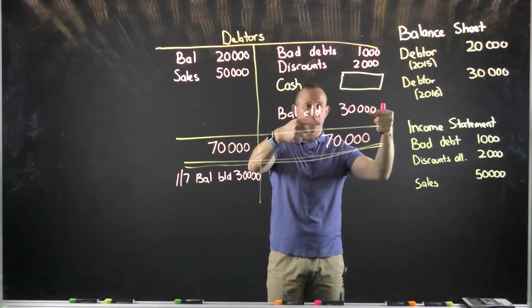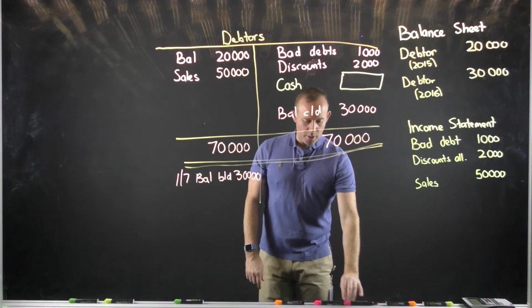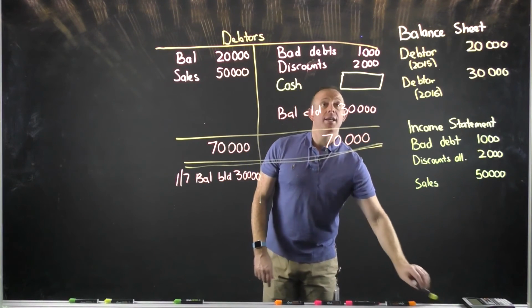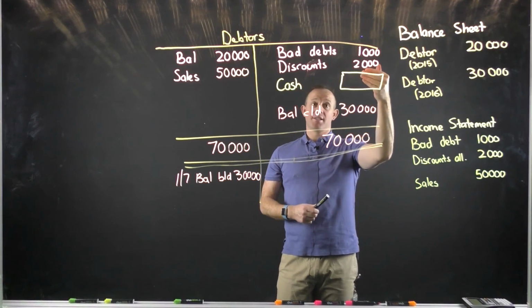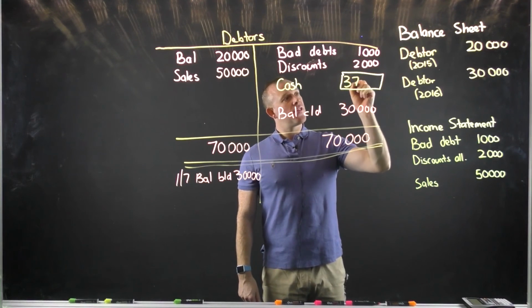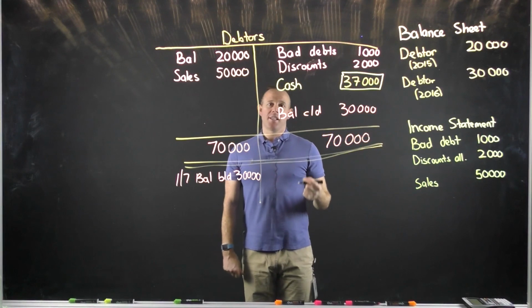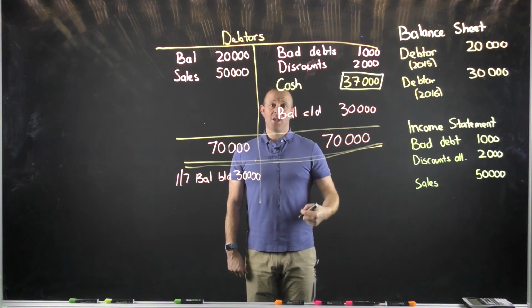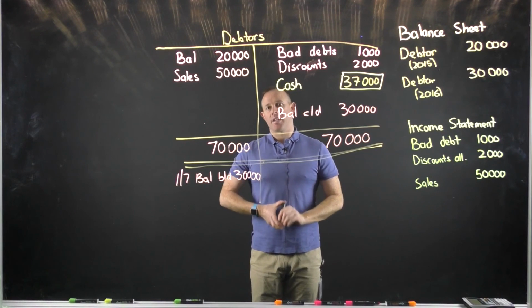So this credit column equals $70,000. So we should be able to work out that it is 70 minus 30 is 40, minus another 3 is $37,000 is the cash component. And that is the amount we have received from debtors, which will go in the operating activities on the cash flow statement.